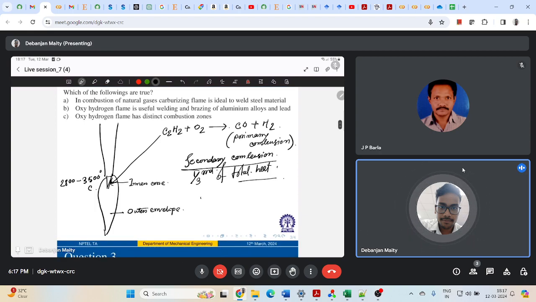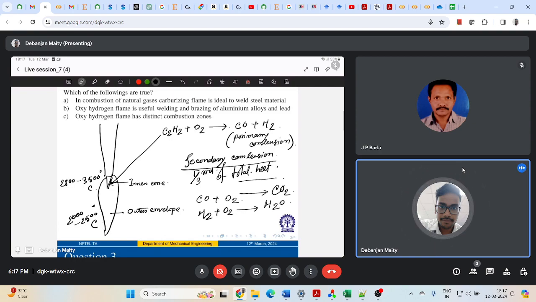Here my carbon monoxide will take extra oxygen from the air and generate CO2, and hydrogen will react with oxygen to form vapor, right? That is my secondary combustion, and you can see that in the outer envelope, the flame temperature reaches somewhere around 2000 to 2500 degrees C, which is lower than this inner core temperature, right? So those are the reactions which are taking place.